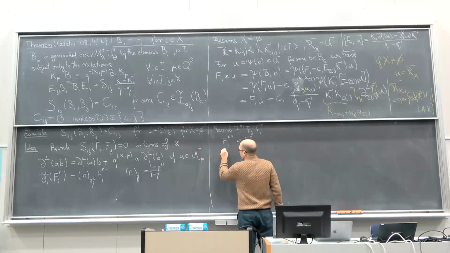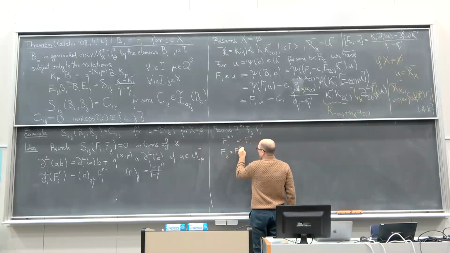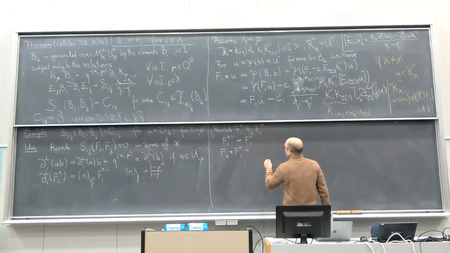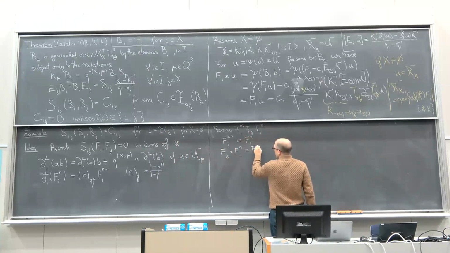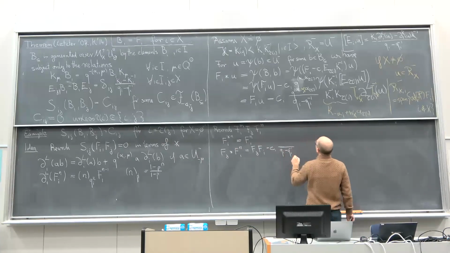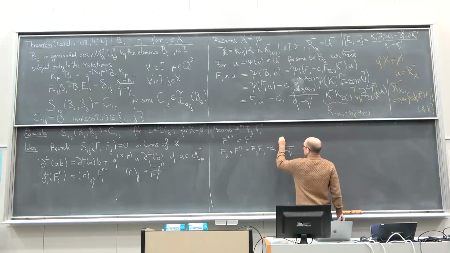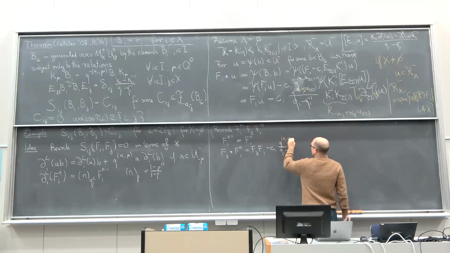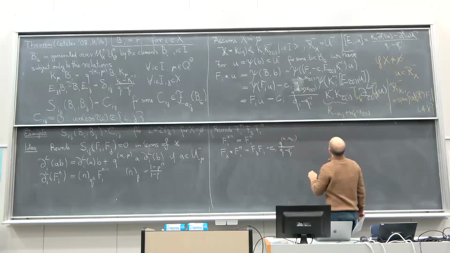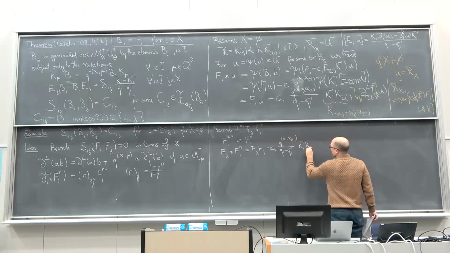Then I calculate F_j star F_i to the n, plug this into my formula. So I get F_j F_i minus C_i, Q to the alpha_i, alpha tau of i, and then get a K_i to the minus 1 K tau of i.